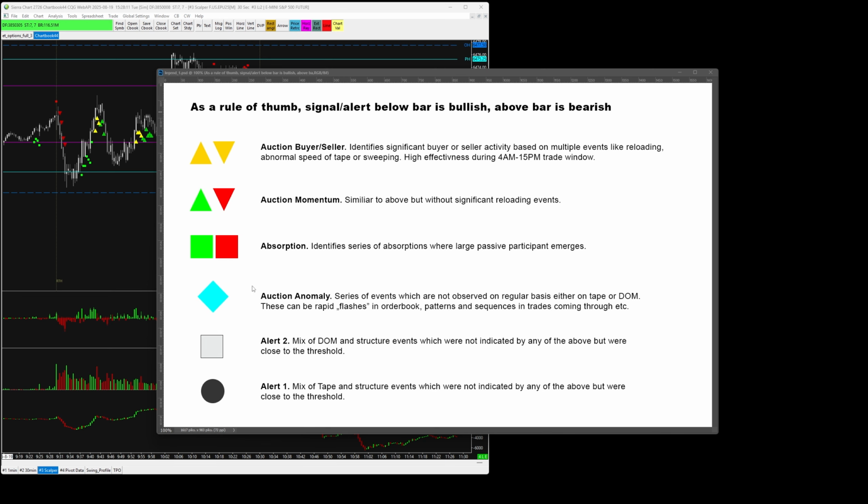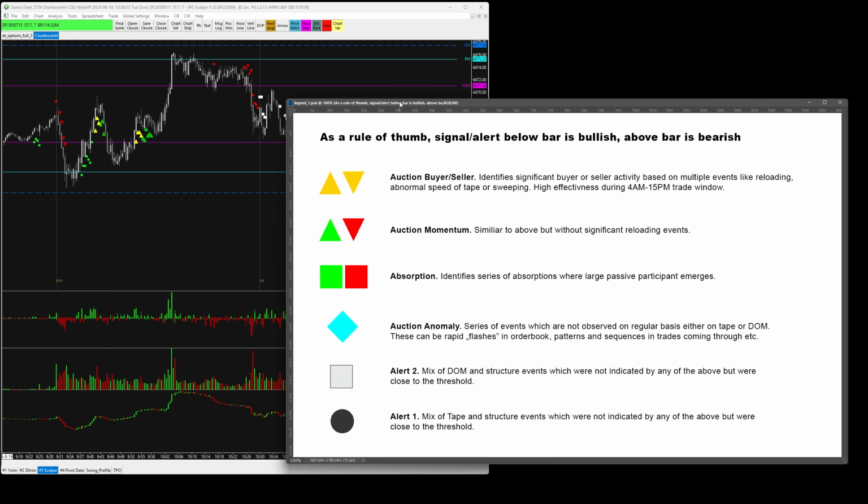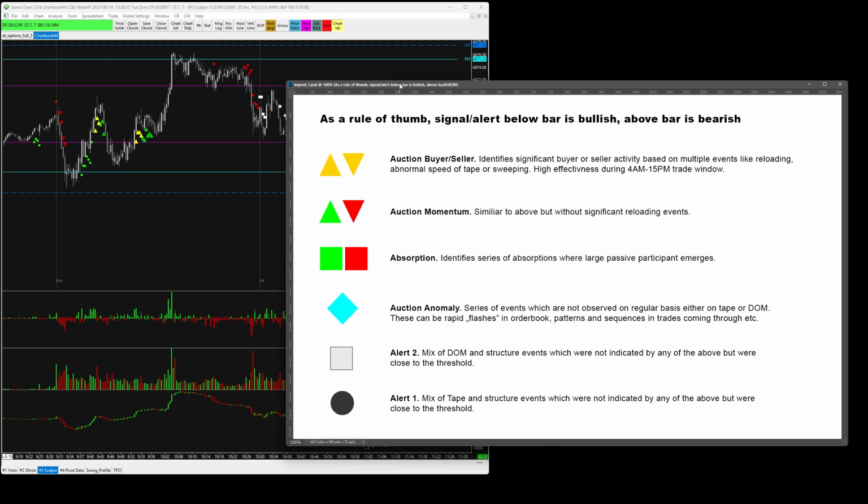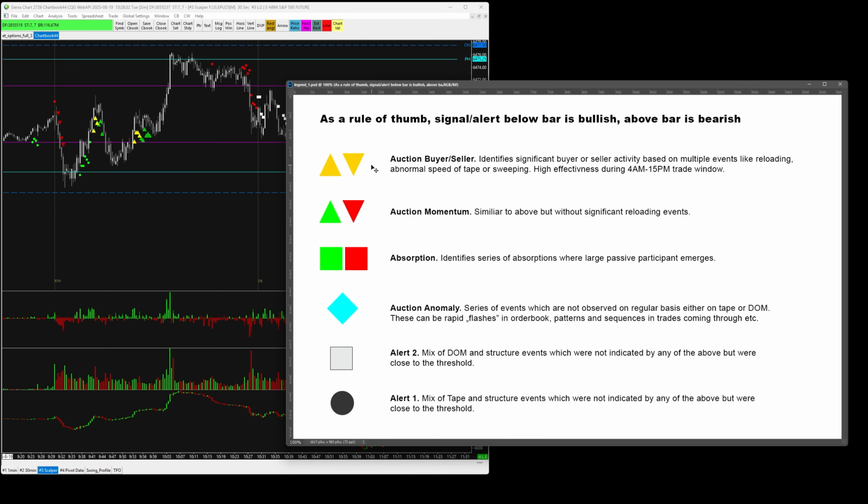Okay, so first let's see what it says in our legend. This legend, from the top to bottom, is also showing the strength of the signal. So the strongest signal is here, the least strong signal is at the bottom.